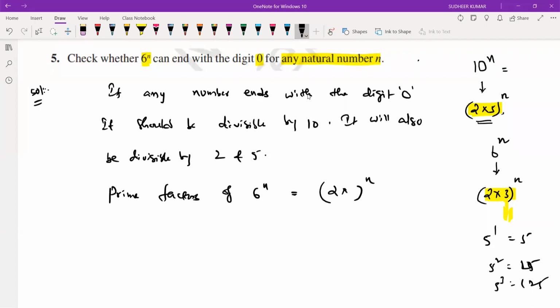Isn't it? 5 is not in the prime factorization of 6 power n, since 5 is not in the prime factorization. So it is not divisible, it does not end with the digit 0.